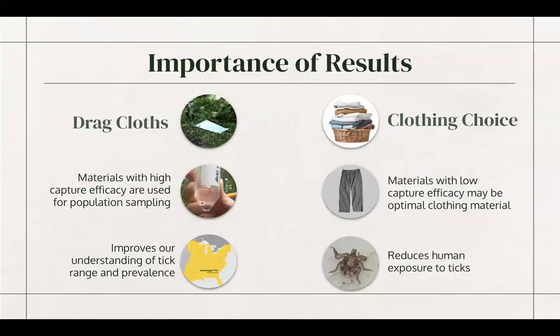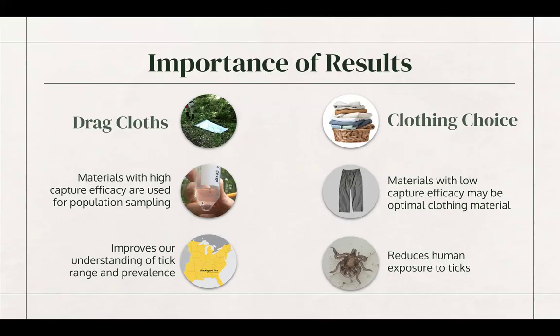So I want to identify fabrics that recover the lowest proportion of ticks, but I also want to identify the fabrics that could recover the highest proportion of ticks. So for the highest proportion of ticks, that could be applied to drag cloths. Materials with high capture efficacy could be used for population sampling in order to determine density and distribution across Eastern America or Pennsylvania or just around here.